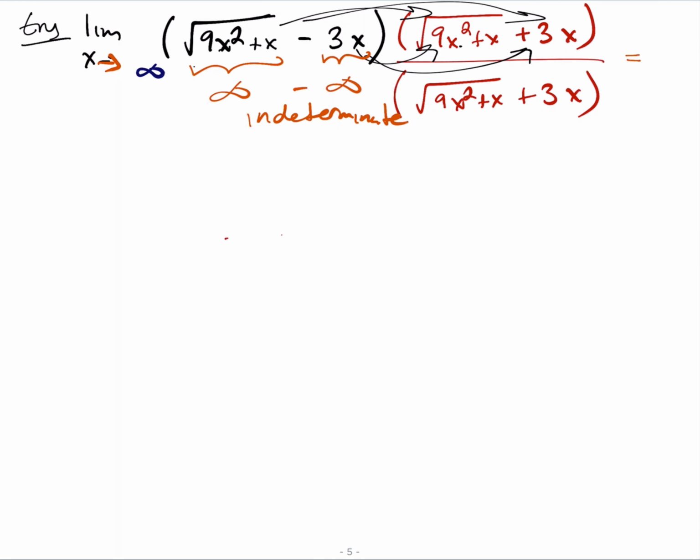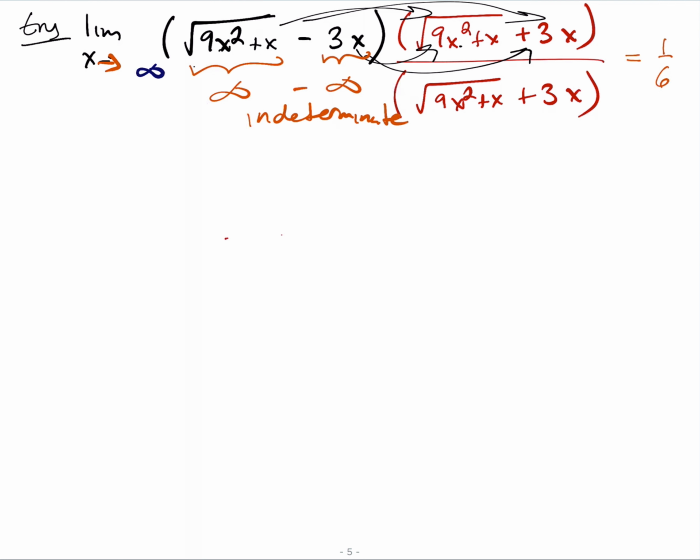So in the example we just did, we got 1/6, right? So it could be 0, it could be infinity, it could be minus infinity, it could be 10, it could be 100, it could be 1/6. Who knows, right? You need to figure it out. That was the problem we just did, infinity minus infinity.